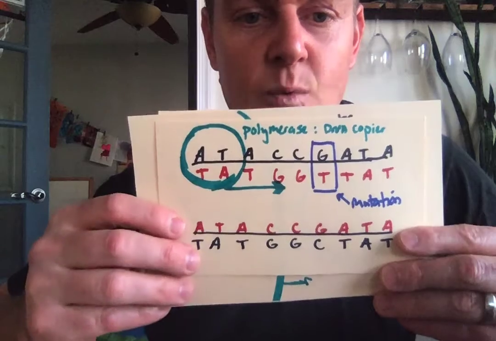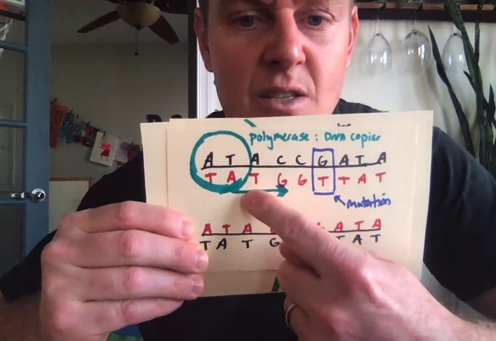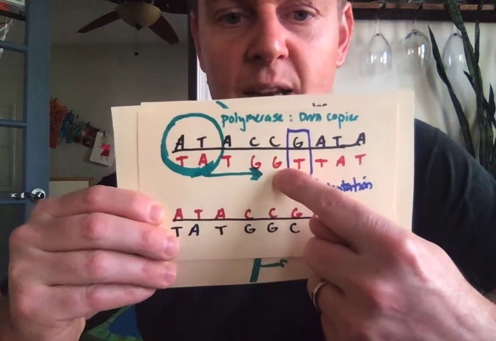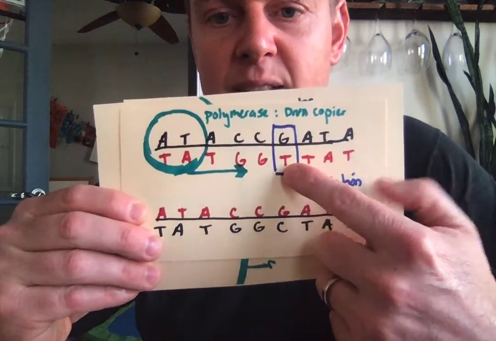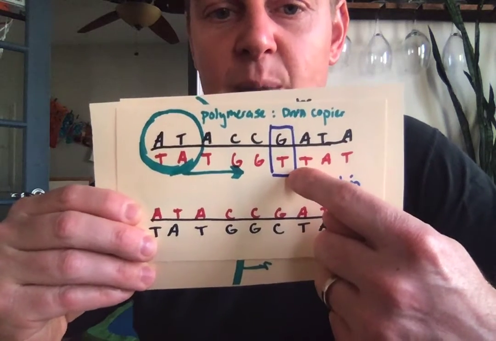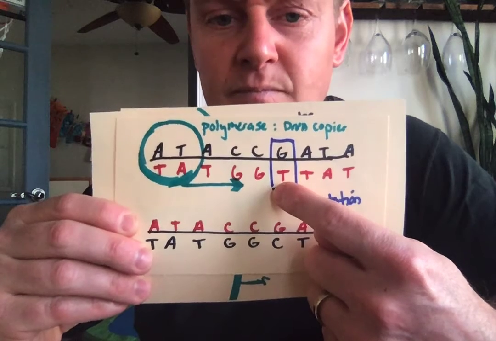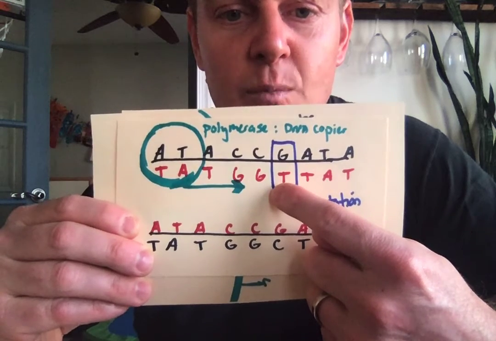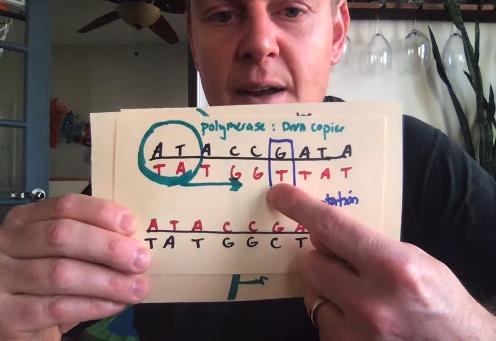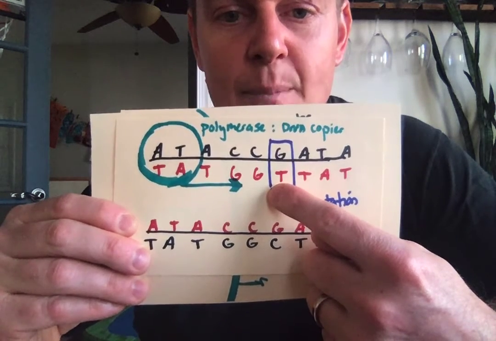Okay, and you can see what happened though is that there was a mistake that was made. So as this thing was moving along, it put in a wrong letter. Now, a lot of times this DNA polymerase has the ability to go back and proofread, but even when it proofreads, imagine you writing a Word document. Even when you proofread, even using Microsoft Word editor, you still sometimes make mistakes. That's exactly what happens here.